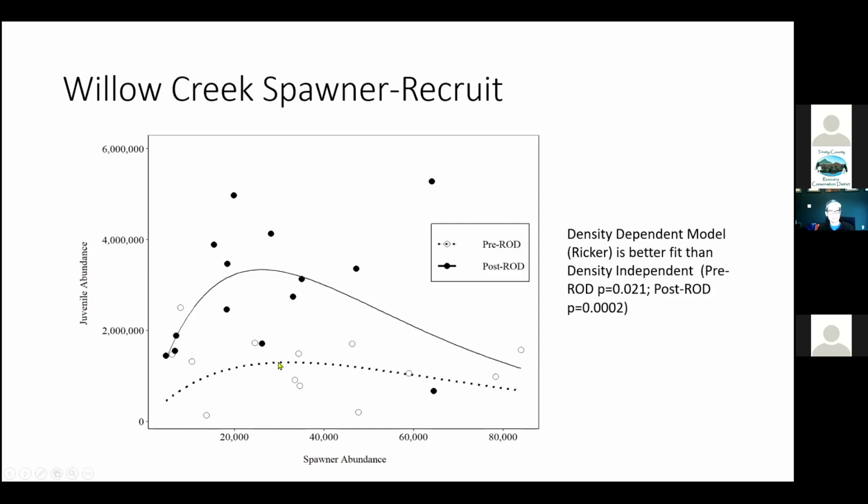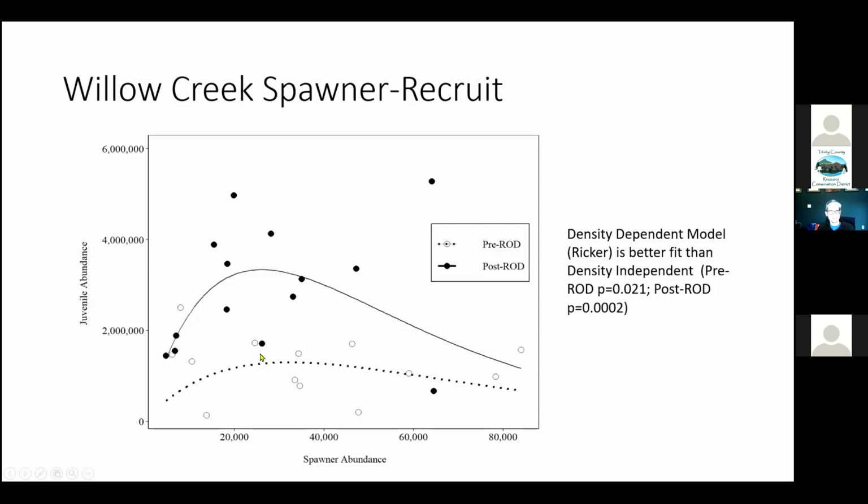Now these models, the way they're designed, are designed to go through the zero, zero point here. And so anyway, if you look at the pre-rod, it looks like the highest abundance estimates of juveniles happen at less than 20,000 spawners, even though the curve itself kind of maximizes out at around 30,000.